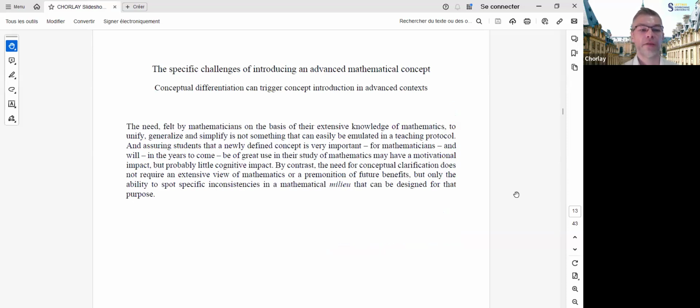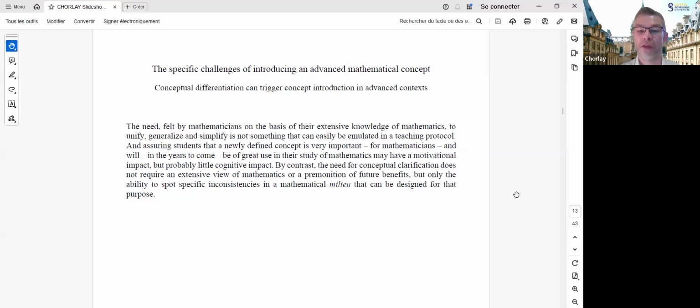The need felt by mathematicians, on the basis of their extensive knowledge of mathematics, to unify, generalize, and simplify is not something that can easily be emulated in a teaching protocol. And assuring students that a newly defined concept is very important for mathematicians and will, in years to come, be of great use in their study of mathematics may have a motivational impact, but probably doesn't help them make sense of the concept.